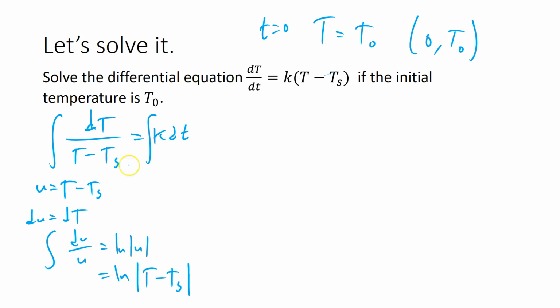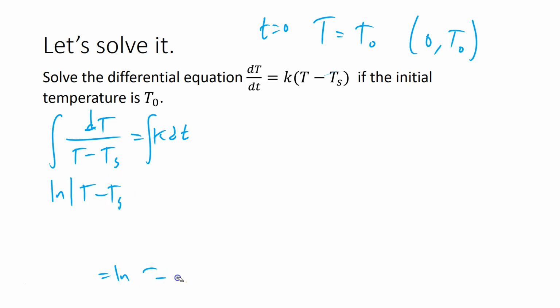So in general, we're going to be able to skip right down to here. Just a natural log of the absolute value of T minus Ts, because there's no coefficient in front of the T. If there was, then we would have to do a little bit more. Okay, so this is just ln absolute T minus T sub s, close that absolute value, equal to kt plus C.